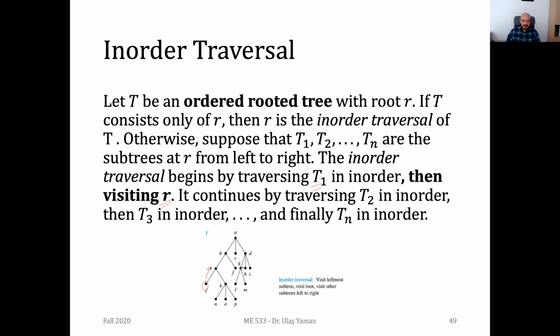So then what we do after visiting E, we need to visit actually siblings of J. But in our case, since we have children of K, I cannot directly continue with K. Instead, I will continue with T1 of K. So that will be the next item in my traversal.